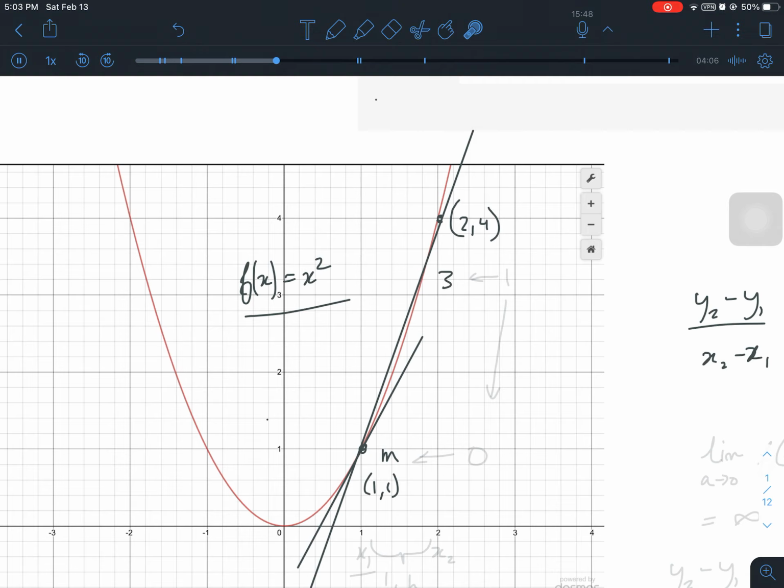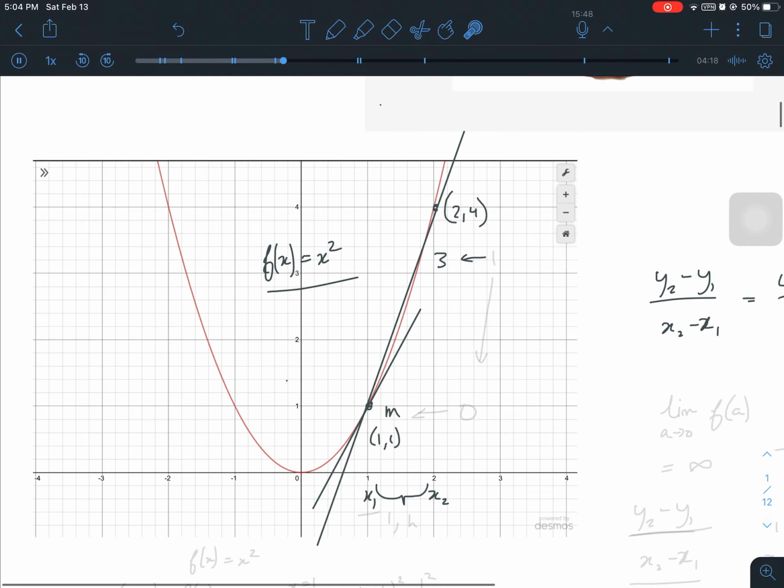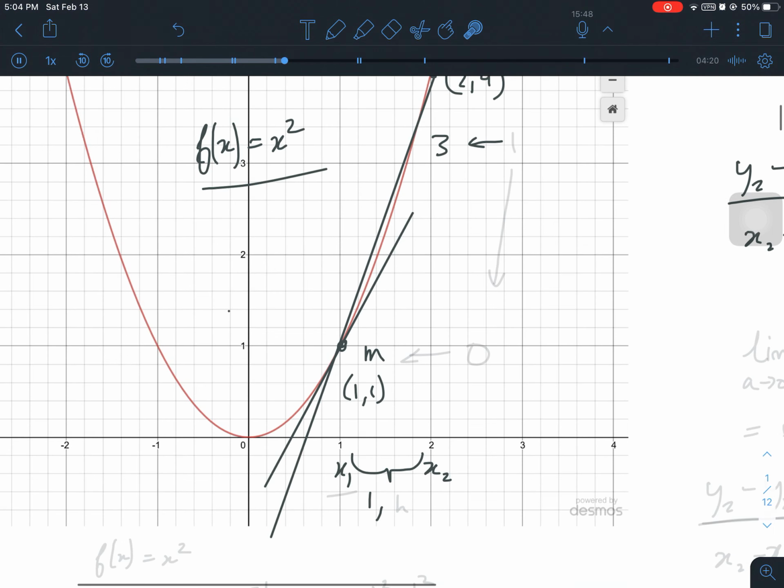Now let's look at the difference between the approximation and the tangent line, right? For the approximation line, the width between x1 and x2 is 1, right? Let's say that variable is h, right? The width is 1. What's the width for the tangent line? For the tangent line, the width is 0, right?